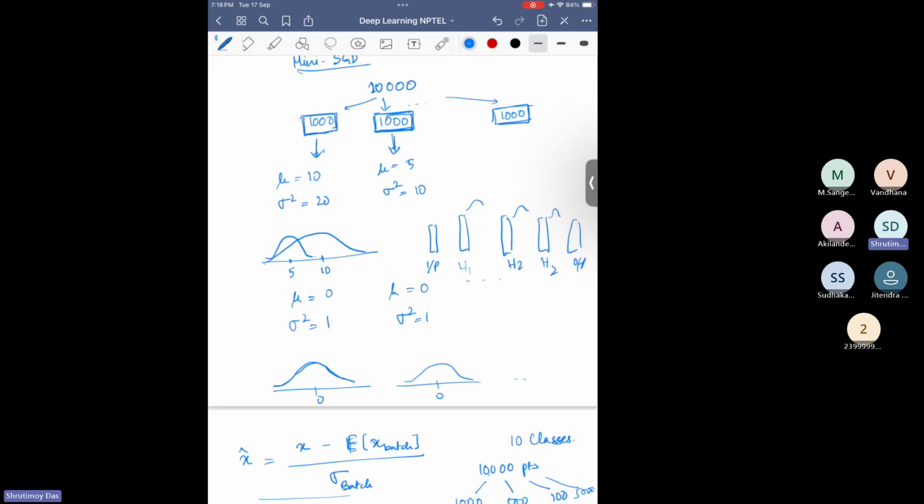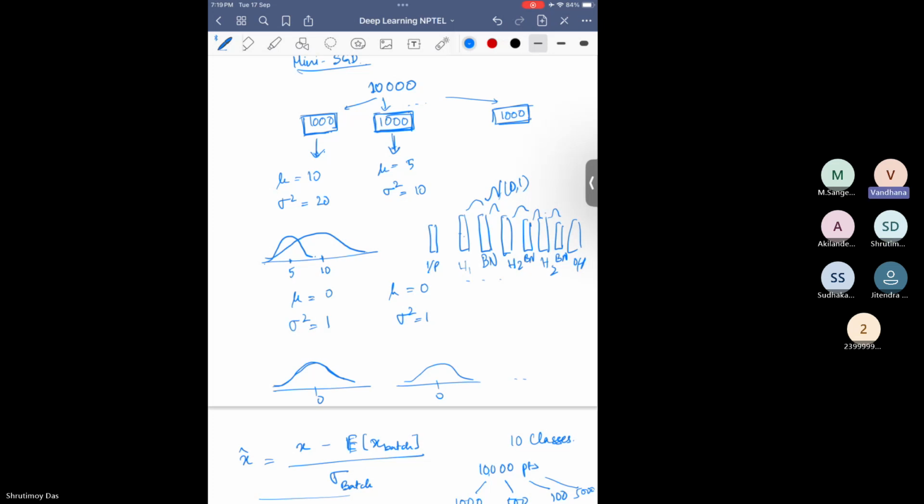And I put a batch norm layer after each hidden layer such that the distribution that we get after this hidden layer is also a standard Gaussian distribution, with zero mean and one variance. So normalization can be applied to any data, including the hidden layers, which is what batch normalization does.